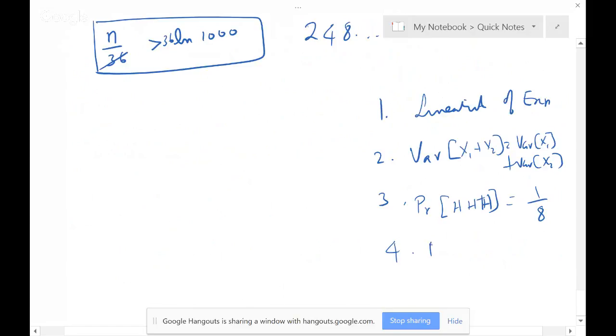And the fourth one is: the probability of heads, tails, tails, heads in 4 coin tosses is 1/15. So let's say these are the 4 selections available.